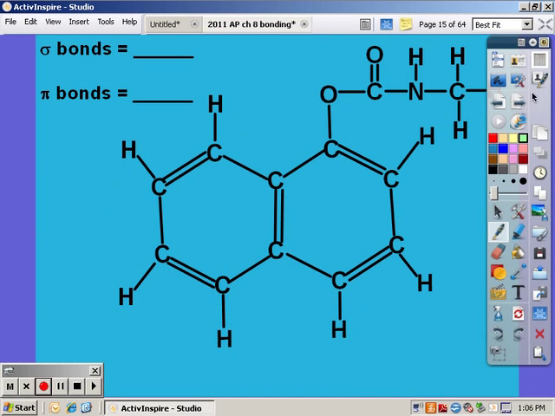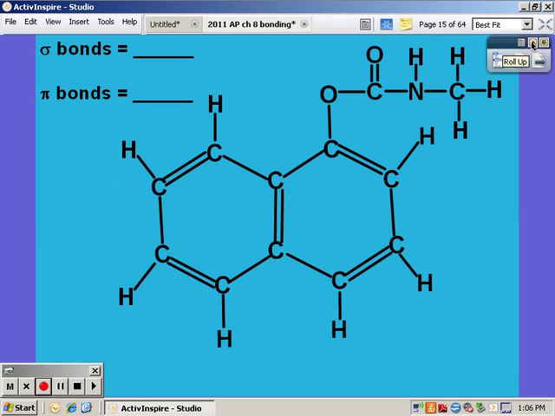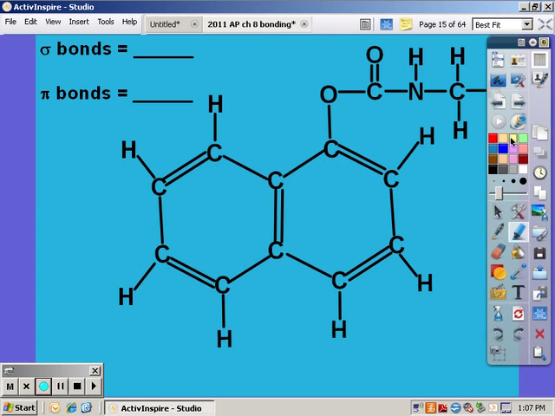So go ahead and pause the video and count up all the sigma and pi bonds in this picture. Each single bond is a sigma bond, and each of those double bonds consists of one sigma bond.